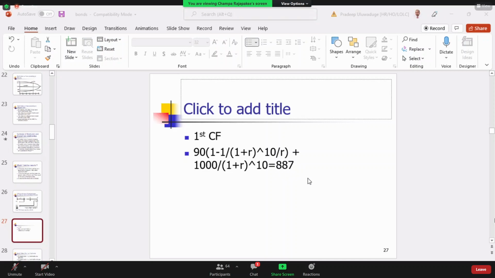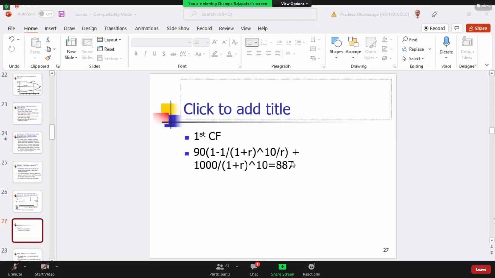If the value that you get is less than 887, you must reduce the R that you selected and try again to get closer to 887. If your guess R gives you a value that is greater than 887, then you have to increase R and find a value that is closer to 887.